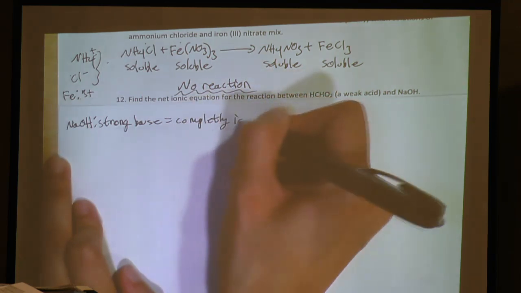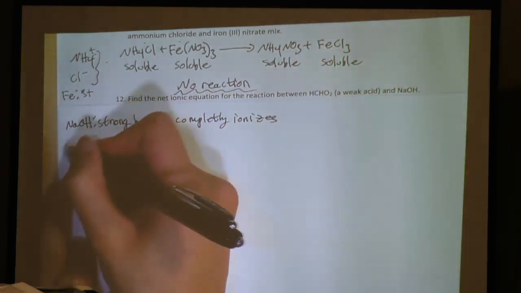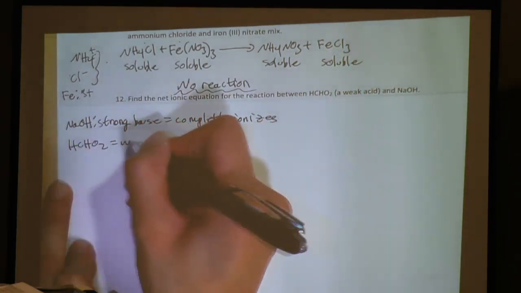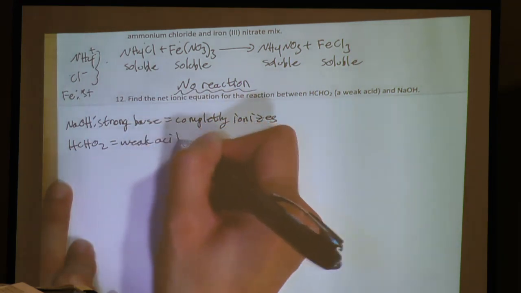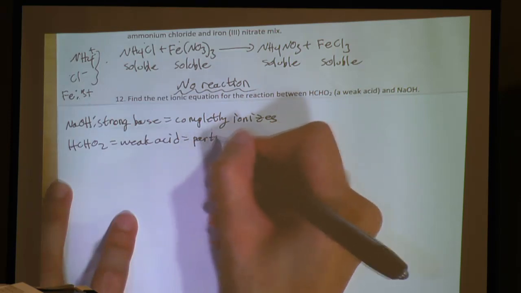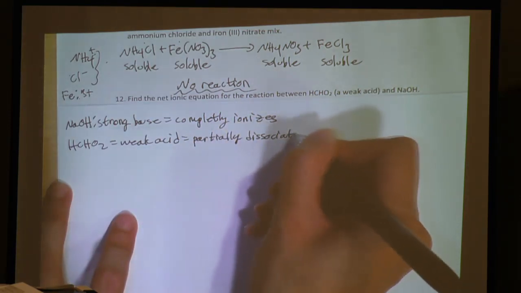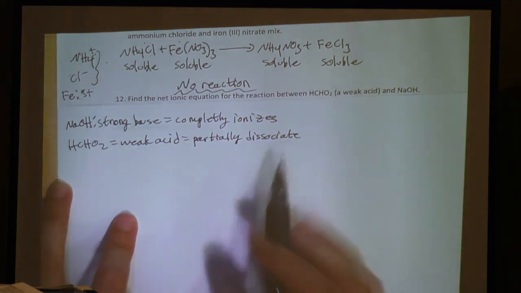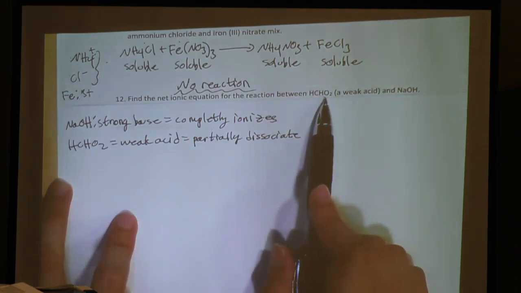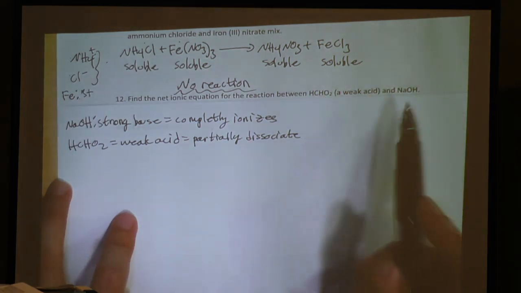It completely ionizes, whereas HCHO2, they tell us that it's a weak acid. Now, what do weak acids do? They partially dissociate. So when we're finding our net ionic equation, we're going to react these two molecules together to then form a product.